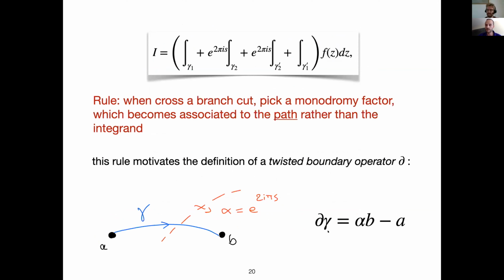When you apply this boundary operator on your one-dimensional chain gamma, you pick up b times the monodromy factor alpha, where b is the point, minus a. The plus sign for b is because you arrive on b, and the minus sign on a because you leave from a. So that defines a twisted boundary operator.